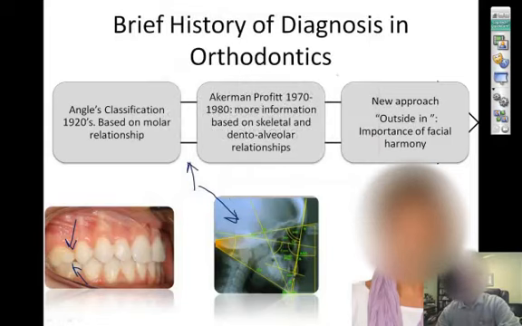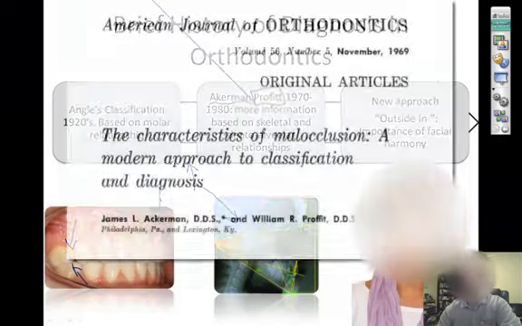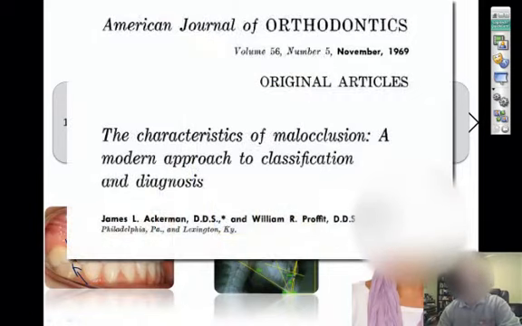And then in the 1970s and 80s, Dr. Proffit was a very well-known orthodontist, as you know. I'm sure you've read him. Dr. Ackerman is actually an associate of Dr. Proffit in North Carolina. They decided to say, okay, the malocclusions here from Angle define class 1, cephalometrics define the AP and the vertical.